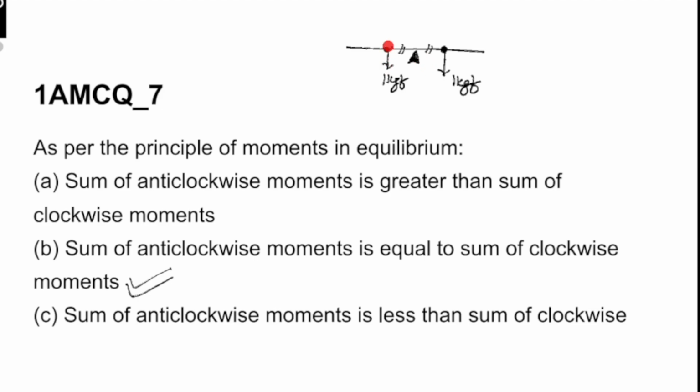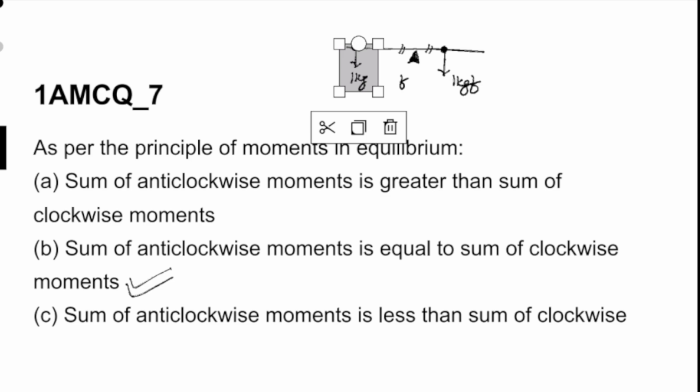For example, if I take this and apply it here, now what do you think? Will it be in equilibrium? No, this will go down. This moment will be more, right? Because now we have increased the perpendicular distance from the pivot, so it will have more moment on this side, the anticlockwise side, and the clockwise moment will be less, so there will be a net moment.